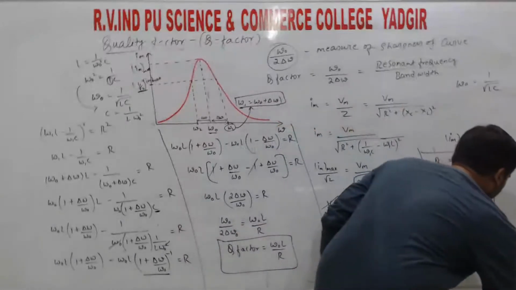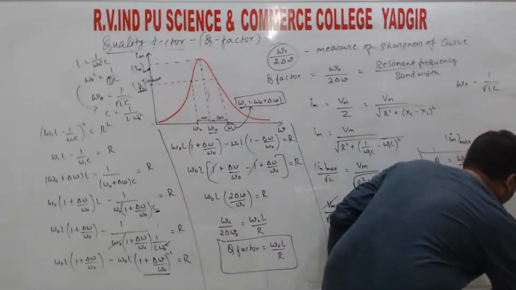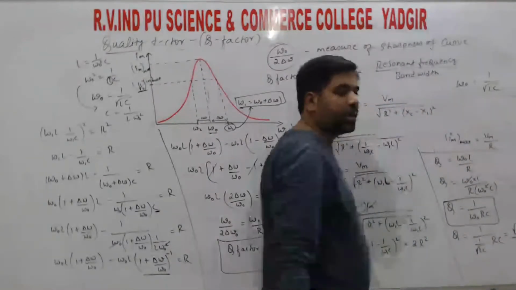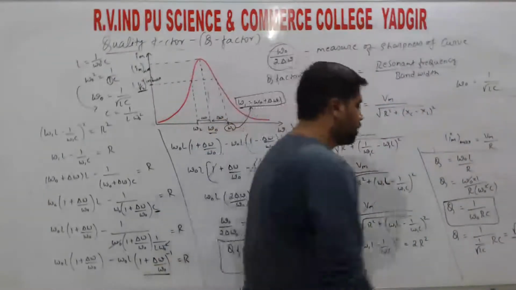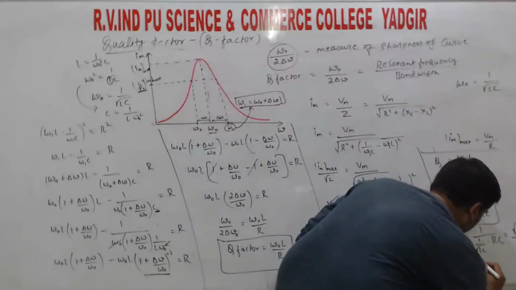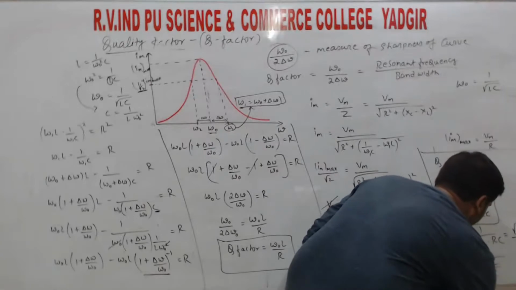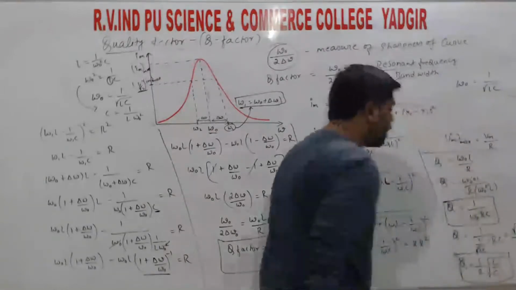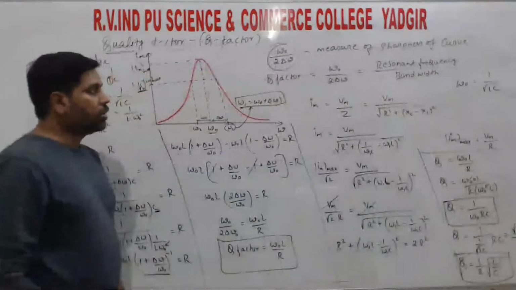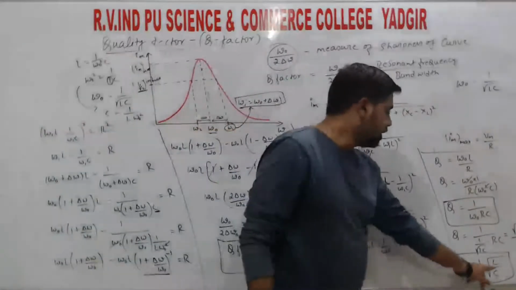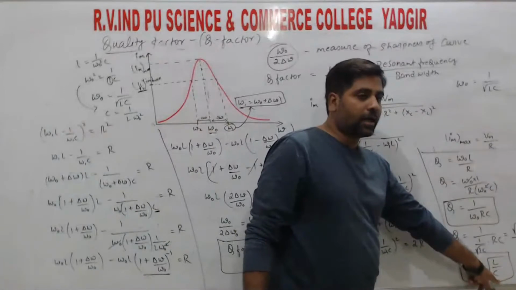This goes to the numerator, that is root LC divided by RC. In the denominator C, we can write root C into root C. So we get Q factor, Q is equal to 1 divided by R under square root of L divided by C. This is the final expression for the Q factor that relates the resistance, inductance and capacitance.